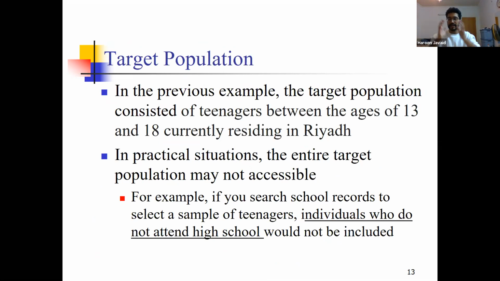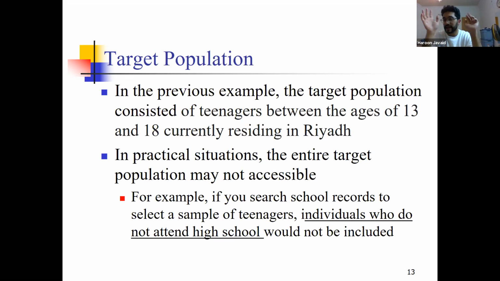So what do we do? We take a target population. Now, in ideal situations, you take a sample from this target population, you do experiments on it, whatever results you get, you infer those back to the target population, and your study is complete, okay? However, practically, you may not have access to every individual in the target population.